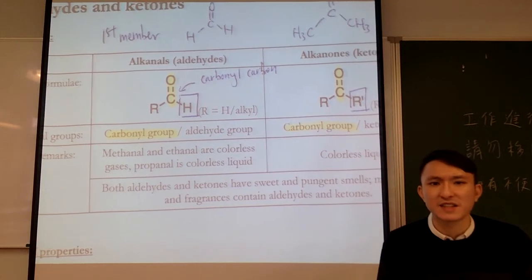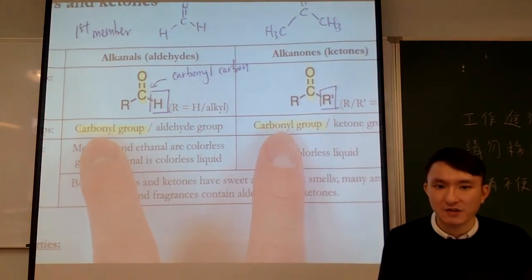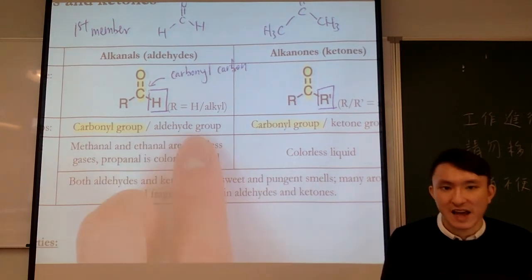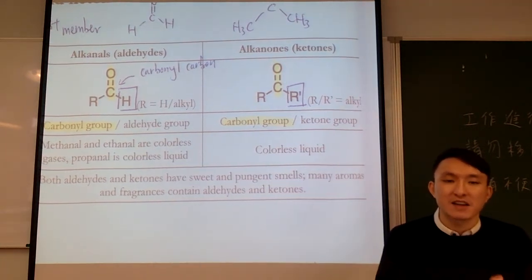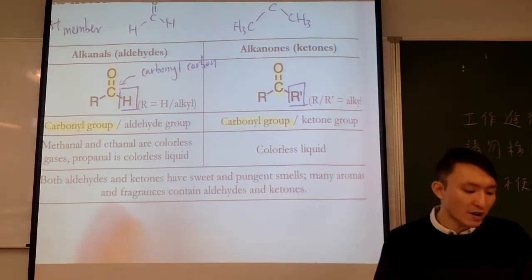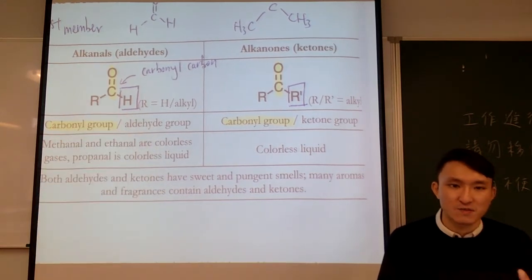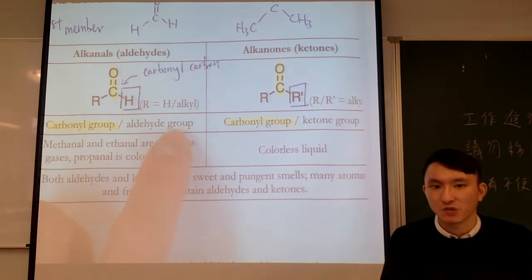Now, let's look at the functional group. Like I said, both of them have the carbonyl group. Sometimes we can also describe the functional group as the aldehyde group and the ketone group. Bear in mind, if the question asks you what is the functional group of a compound like this, then you must put down either carbonyl group or aldehyde group.